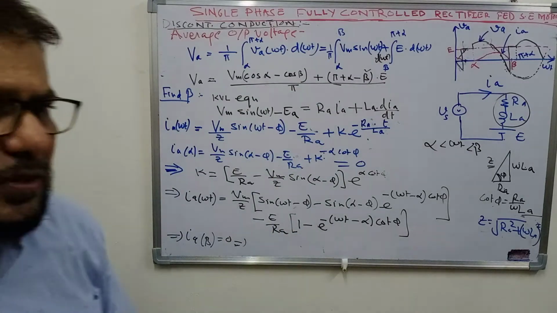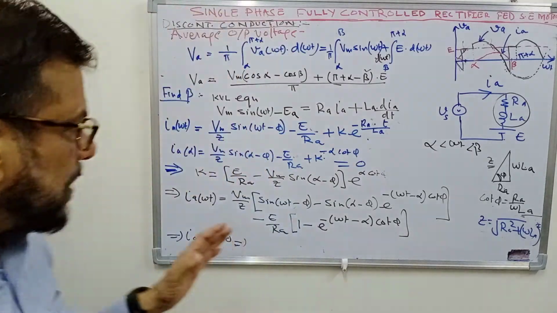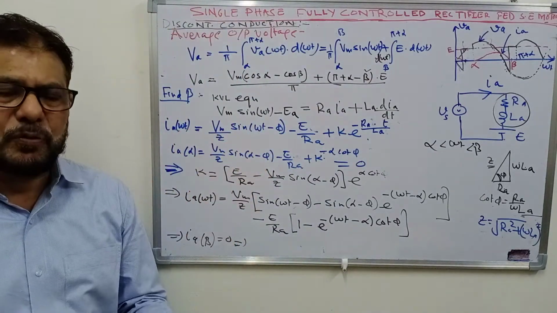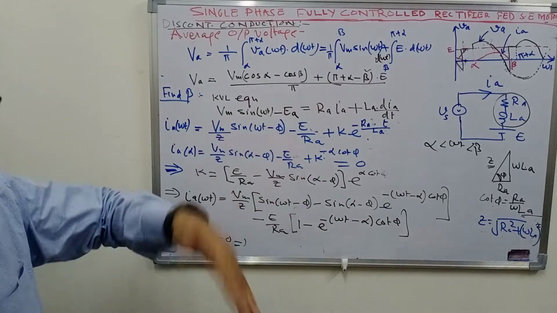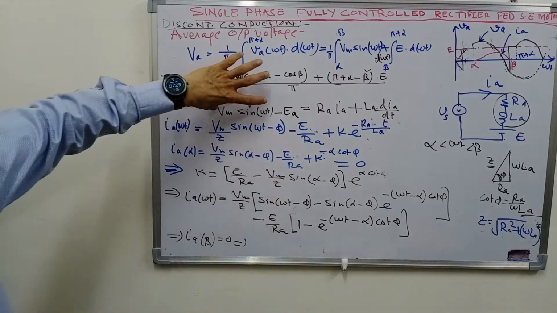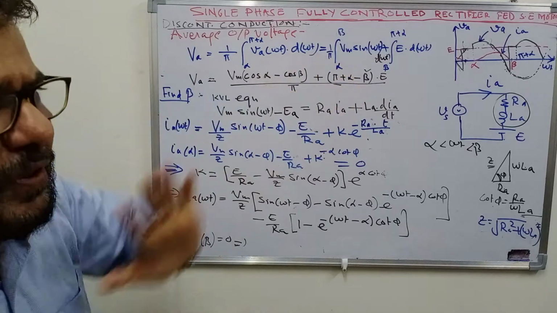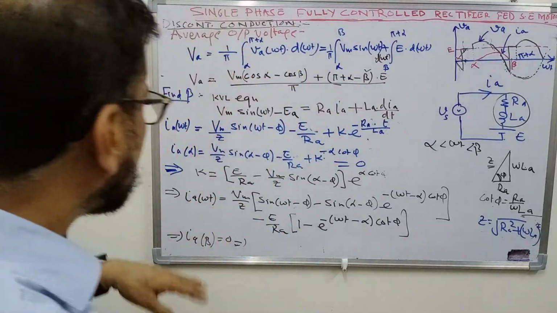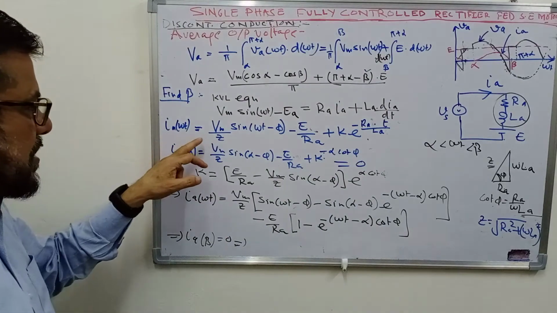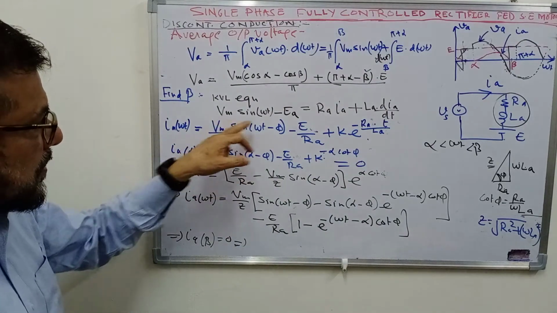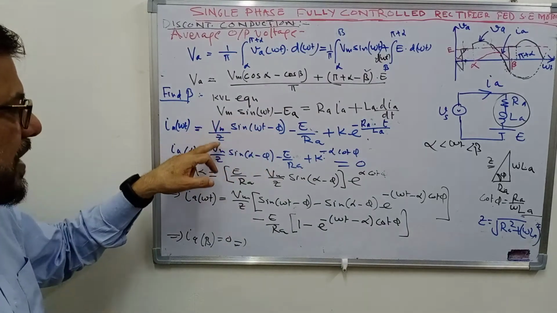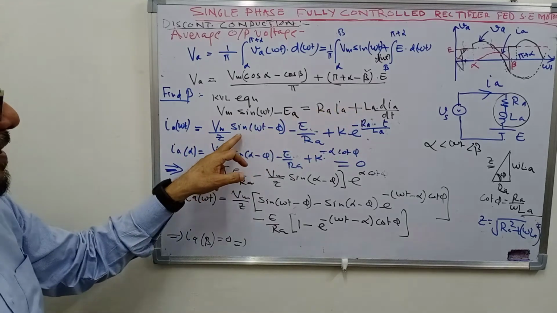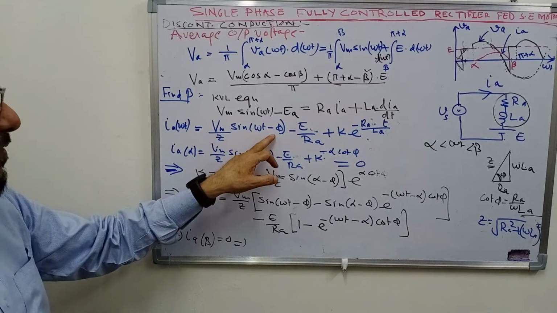The technique used here is the principle of superposition: write the response for the AC source and for the DC source, and then combine the responses. The solution corresponding to the AC source will be Vm by Z, the impedance, into sin omega t minus phi.